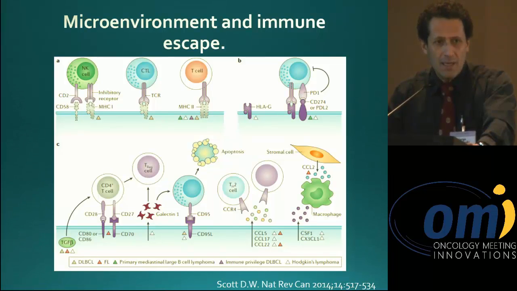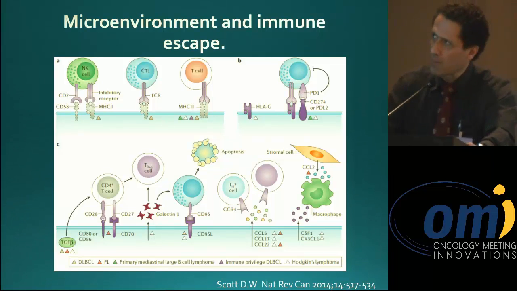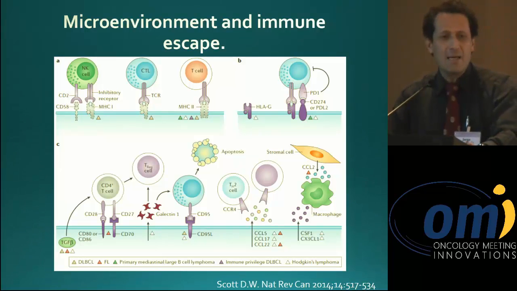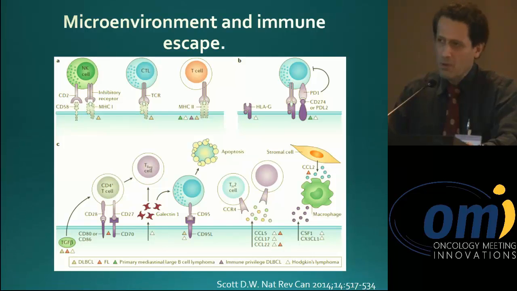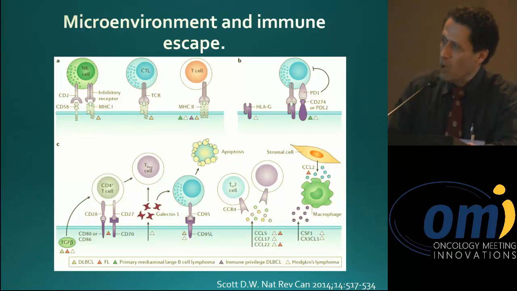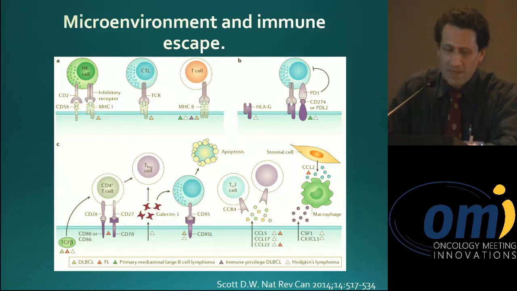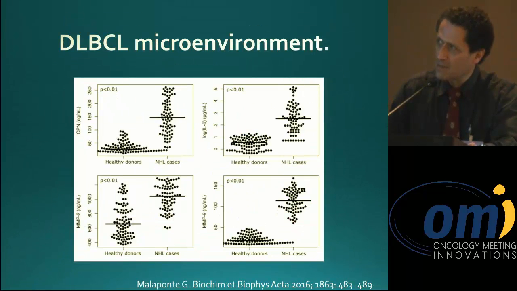So in non-Hodgkin's lymphoma, for example diffuse large B-cell lymphoma, this is a mechanism of immune surveillance blockage. And also 60% of lymphoma patients have aberrant expression of CD58, a molecule very important in the activation of NK cells.